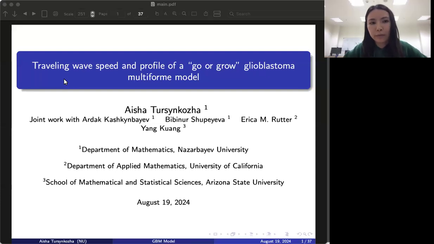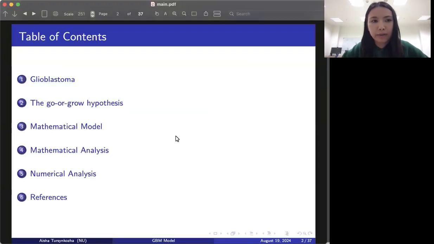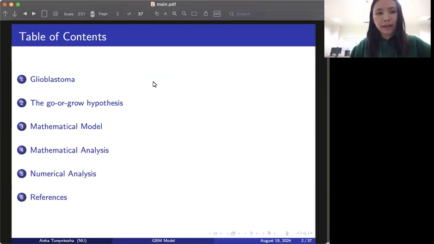So first of all, I will briefly talk about glioblastoma since it was already introduced before, and then I will show the go-grow hypothesis, followed by the mathematical model, mathematical analysis and numerical analysis.